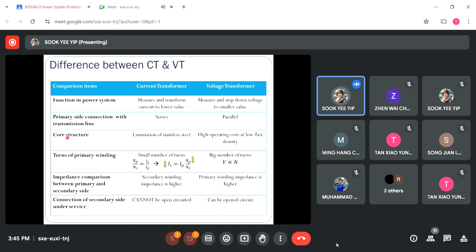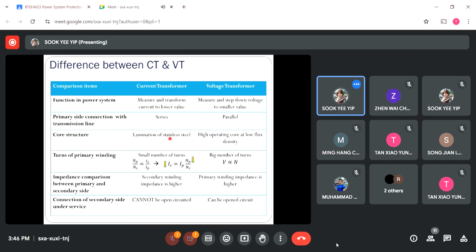So how about the core structure? We know that a transformer is built with a core, right? The current transformer is made of laminations of standard steel, which means we have multiple pieces of steel stacked together and compressed as laminations. The intention of not using one big piece of steel instead of the laminated steel is that we want to reduce the eddy current loss and the hysteresis loss.